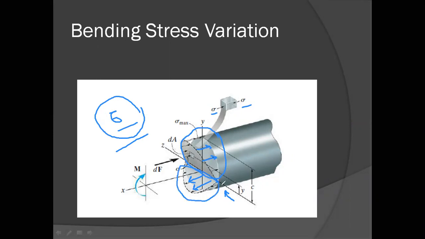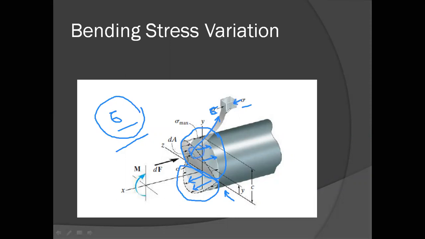Now if we take a small element out here, that's what has been projected out. On this element we have the normal stress acting, that is sigma. For equilibrium, there must be sigma acting in this direction as well, because this element is under equilibrium.